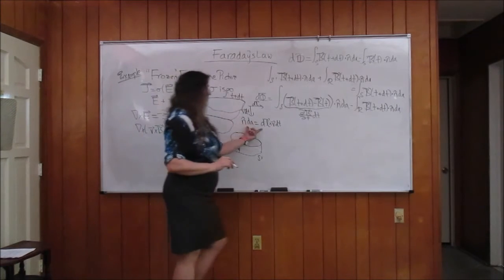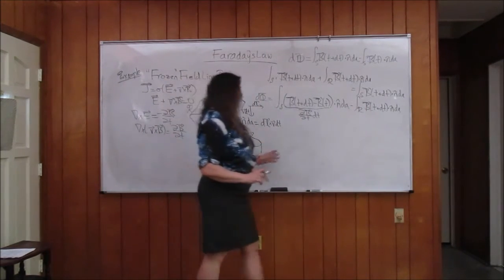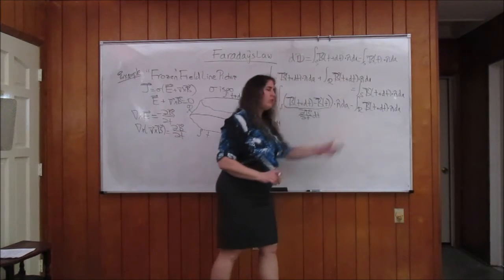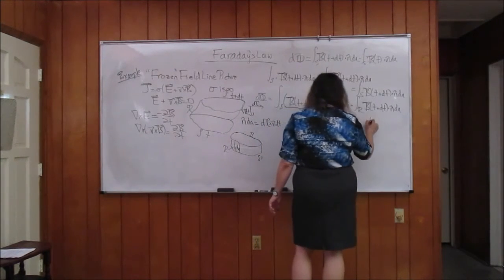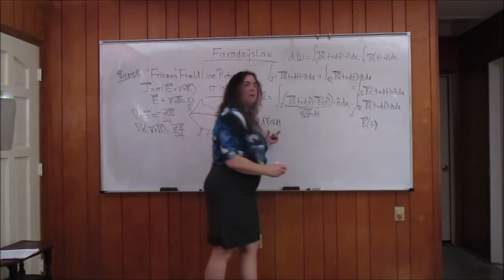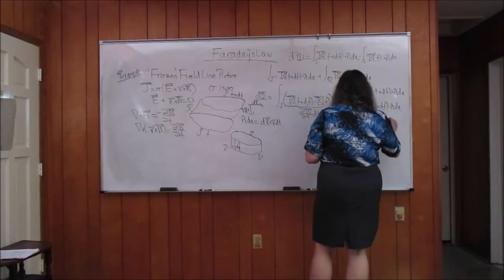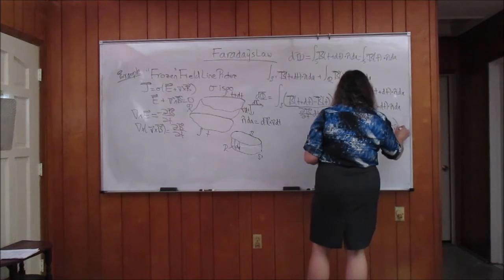I'm going to make this substitution over here, and furthermore, because this is already going to be first order, I'm going to also make another replacement. I'm going to replace this by B. Okay, and then we're going to substitute this in for the line element. So this will be dl cross v dt.